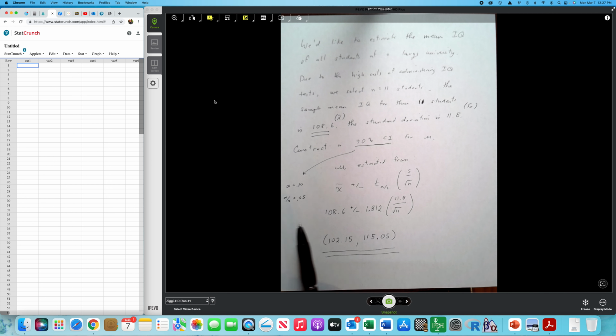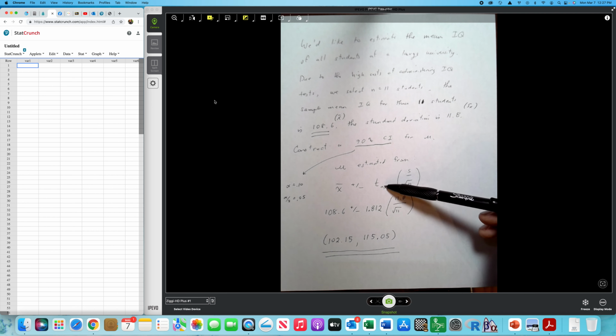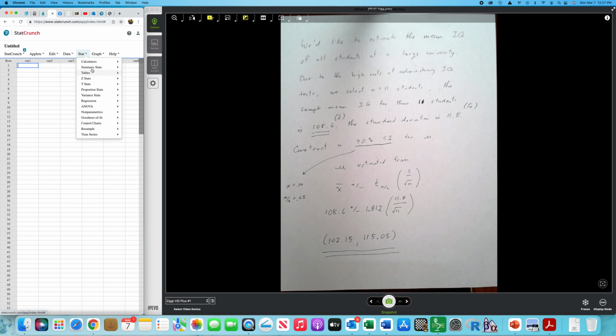Well, a lot of this is just plug and chug. The X bar, insert 108.6. Our standard deviation, insert 11.8. Our sample size, not to be confused with degrees of freedom, right, is 11. And then we need to calculate the t alpha over 2, and we're going to see it's 1.812. Let me show you how we do that.